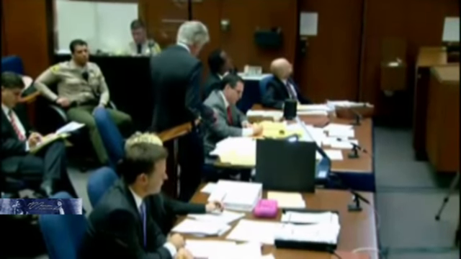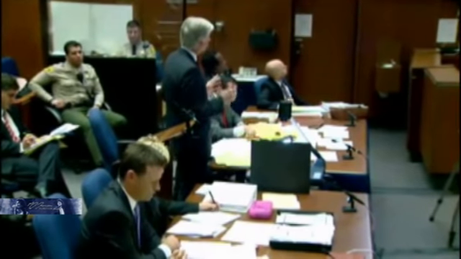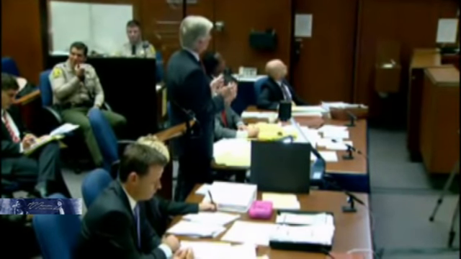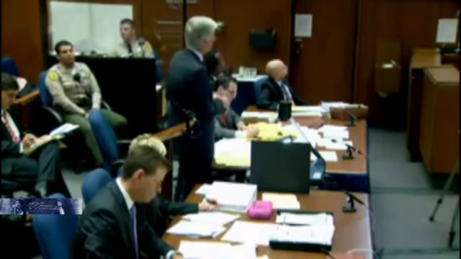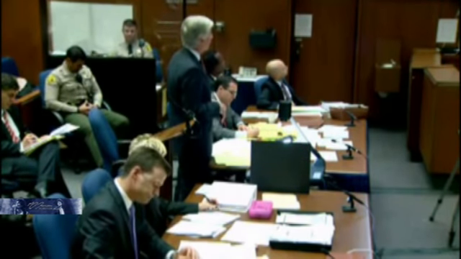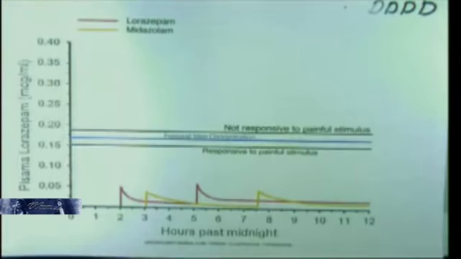Dr. Murray indicated that he gave Michael Jackson the 2 doses of lorazepam that would be depicted by the red line, and the 2 doses of midazolam that would be depicted by the yellow line, and that at approximately 10:30, 10:40, in that vicinity, that was all he had given to Michael Jackson that night. I believe that's what he stated in his police interview, yes.